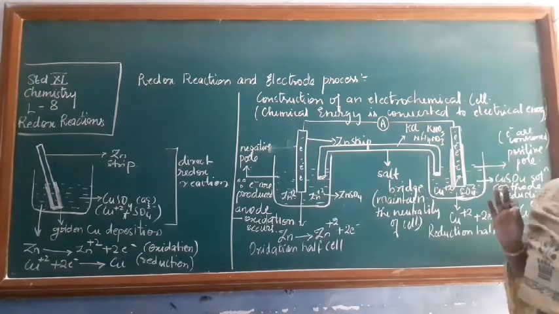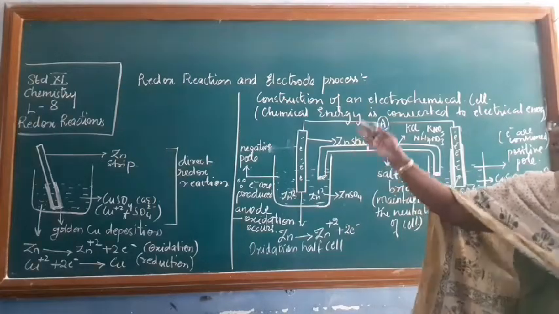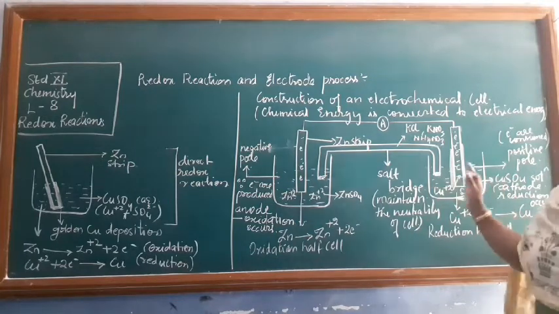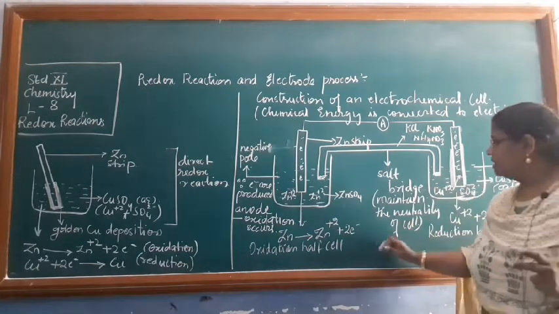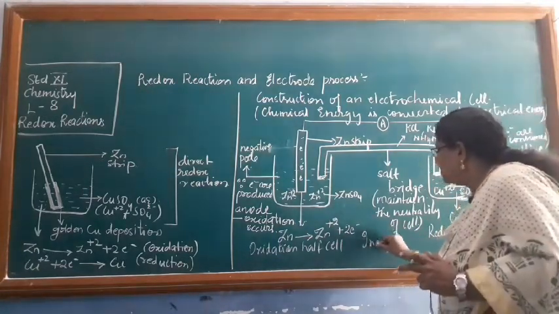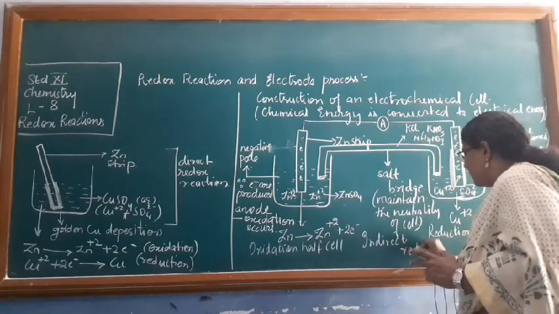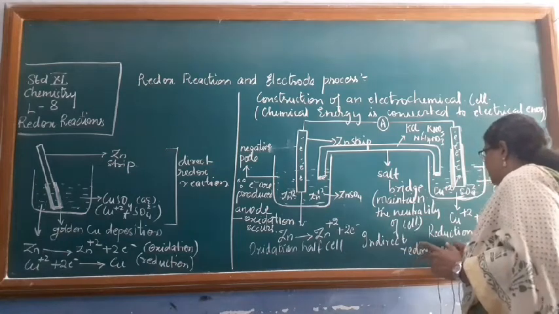They are not in contact with each other. There the oxidation and reduction together were occurring in a single vessel, whereas here it is occurring in separate vessels. So this will be called an indirect redox reaction.